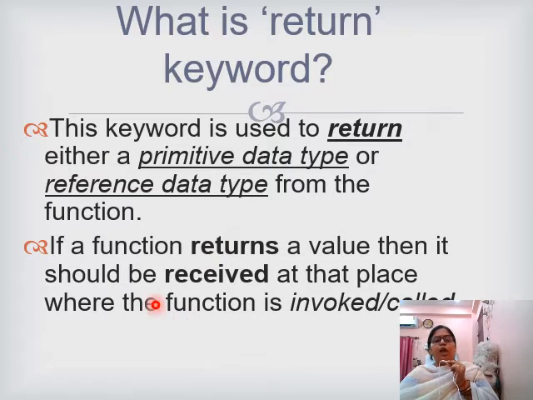If a function returns a value, then it should be received at the place where the function is invoked. This is very important, students. If we are going to return a value, then it should always be received where the function is invoked, and return is used only one time in a function.